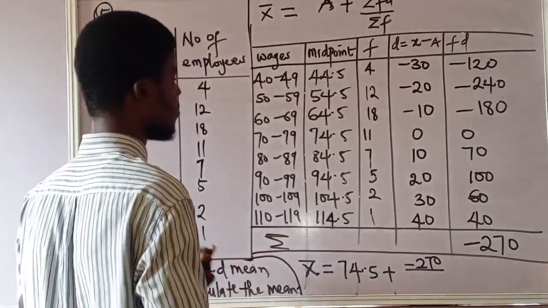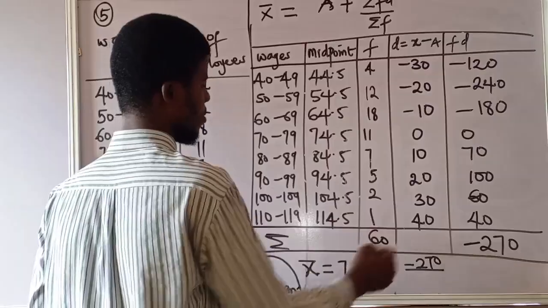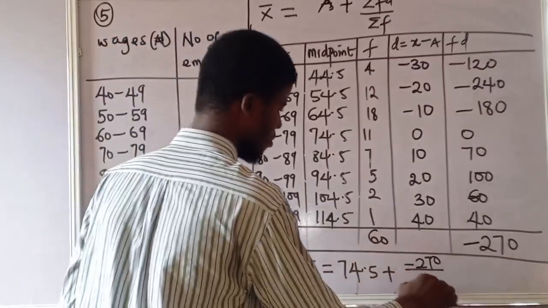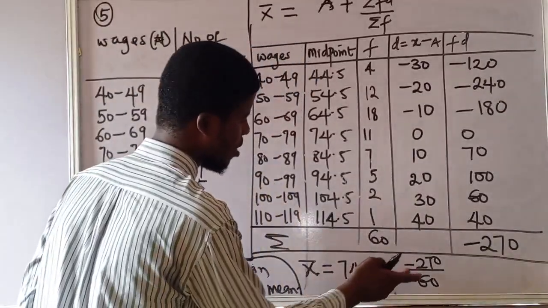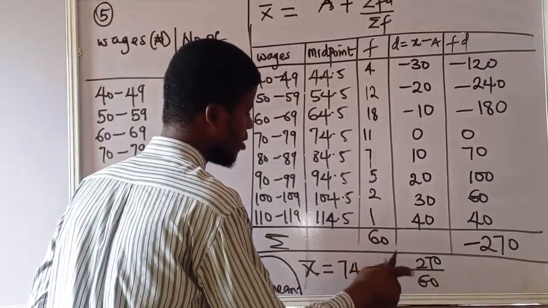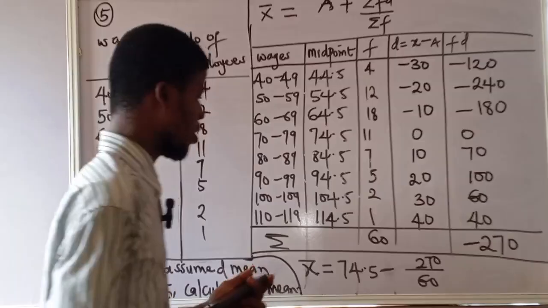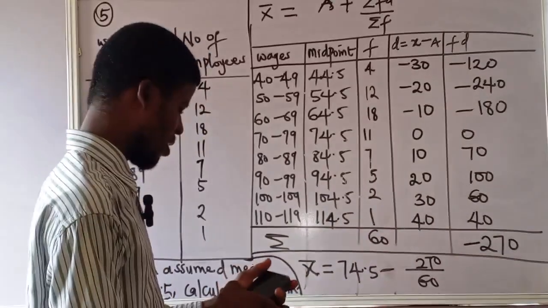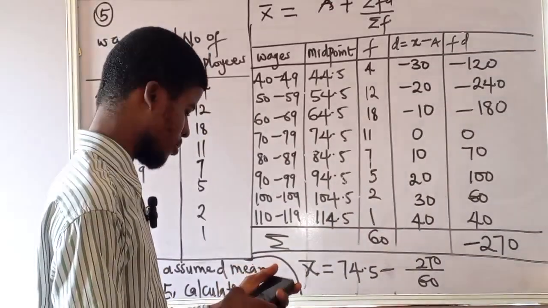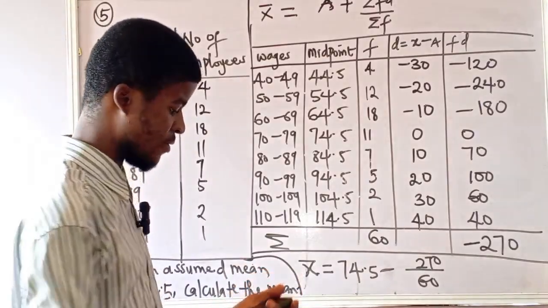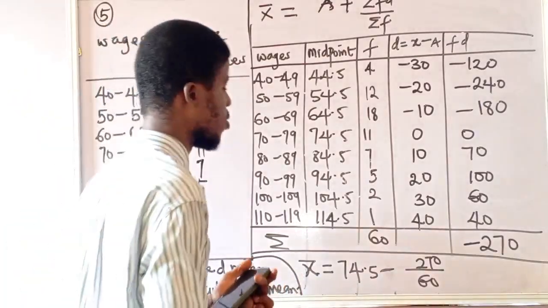That's 60. Good, so all over 60. Of course, plus times minus is a minus, so it's negative. Okay, 270 divided by 60, that would be 4.5.